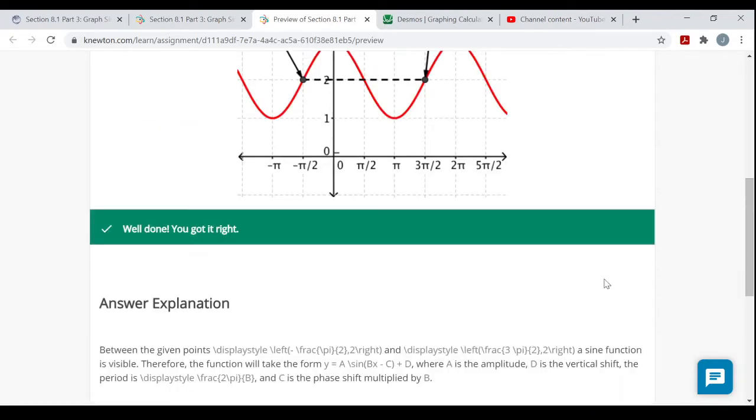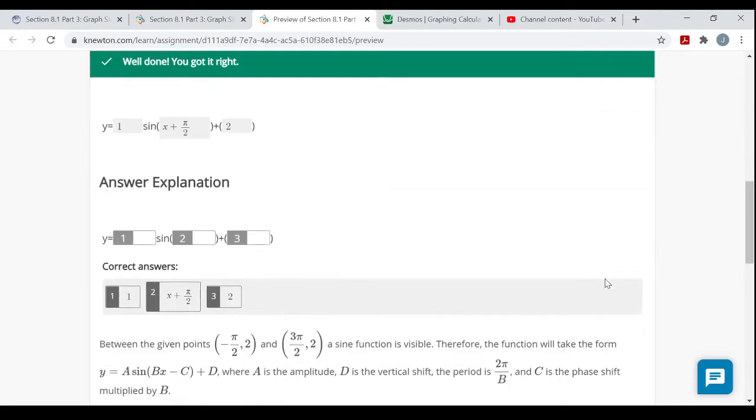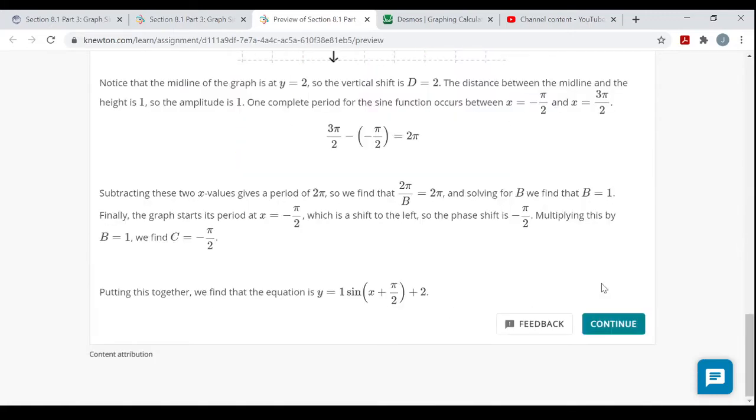So you're paying attention to those four things. What's the amplitude? What's the period? What's the shift? Where am I starting the cycle instead of at x equals 0? And what's the midline? If you know all four of those things, you should be able to write an equation for any sine or cosine wave.